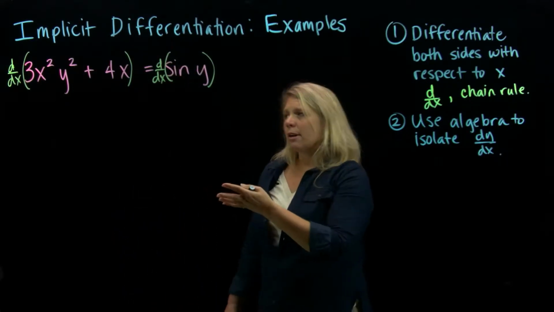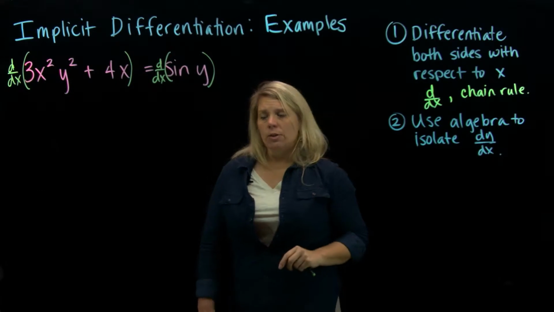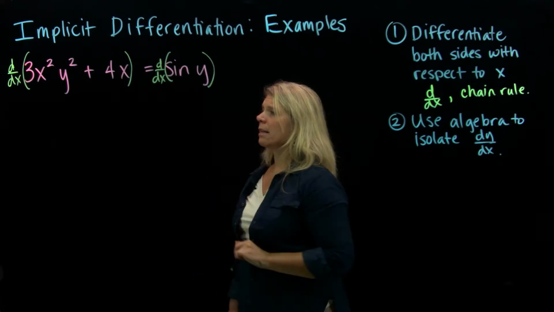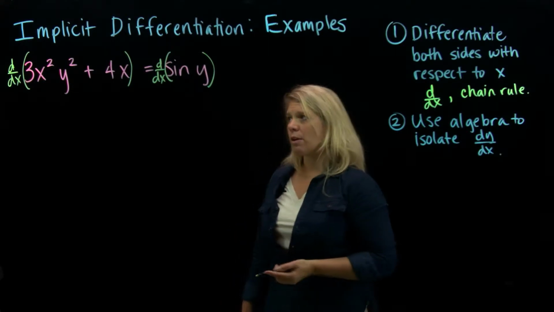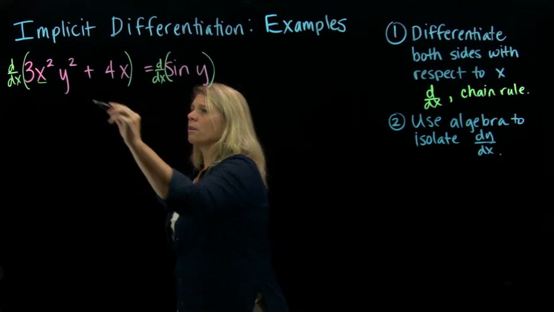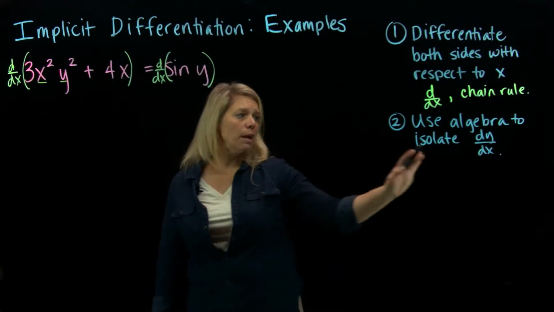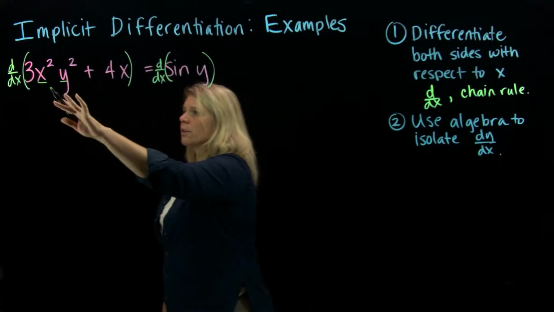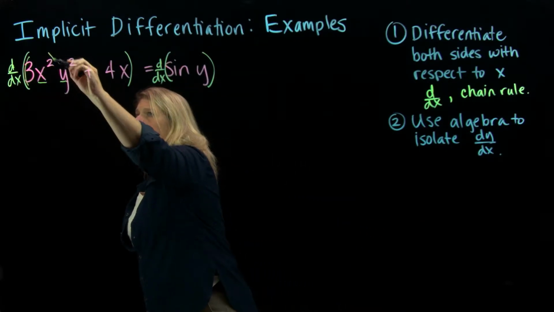Okay, so what I've written down there is just instructions telling me to differentiate both sides of the equation with respect to x. On the left side of the equation, the first thing I might notice is that this first term has an x squared in it, and it also has a y. And since we're finding dy dx, we're treating y as a function of x. So in this first term here, I'm actually going to need to use product rule.